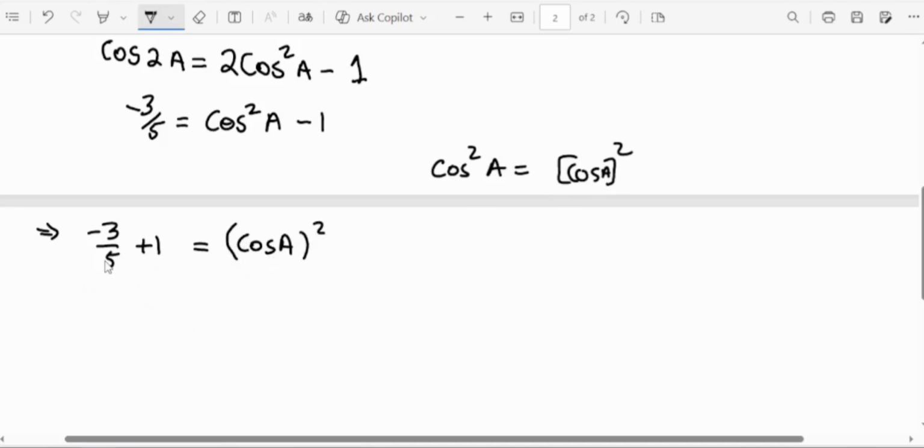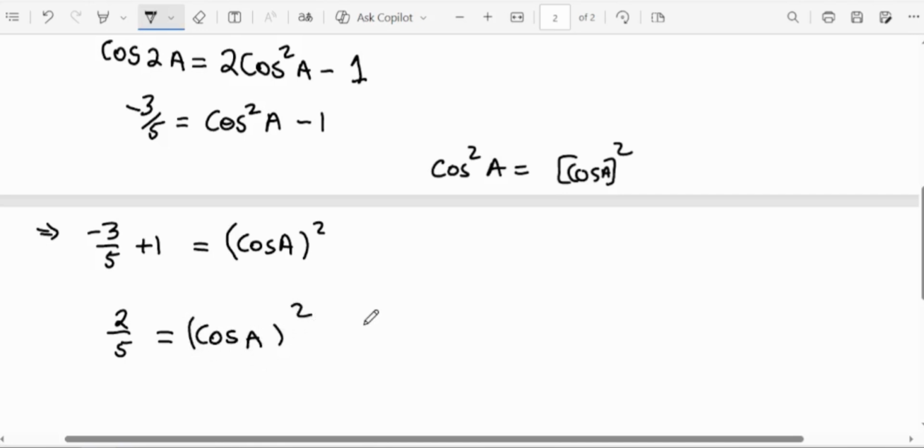So minus 3 over 5, let us put that on the calculator. This will be negative 3 over 5. We need to add 1, we get the answer of 2 over 5. It's equal to the cos A, everything squared.